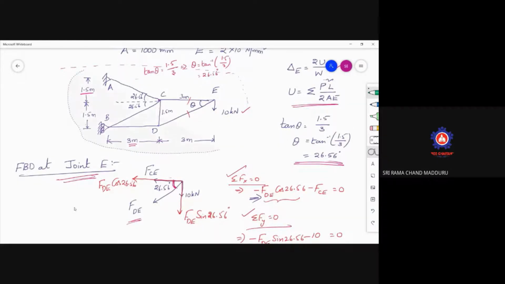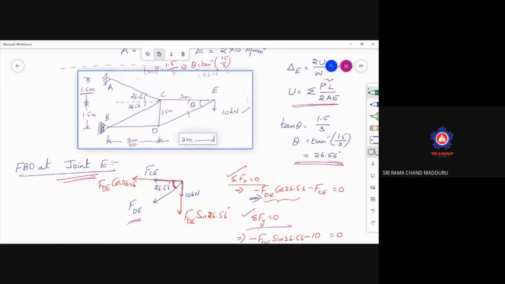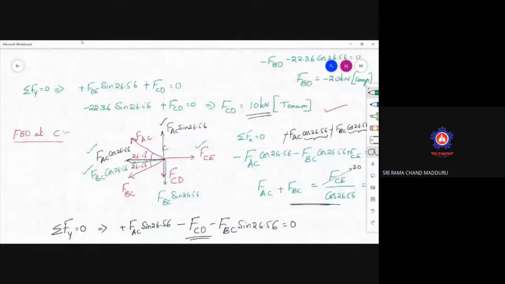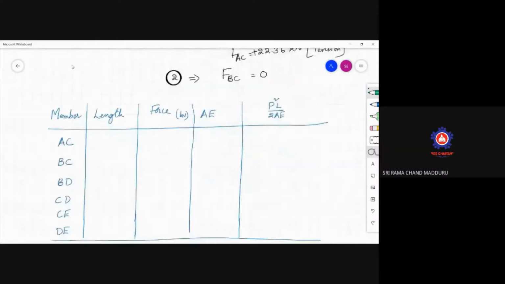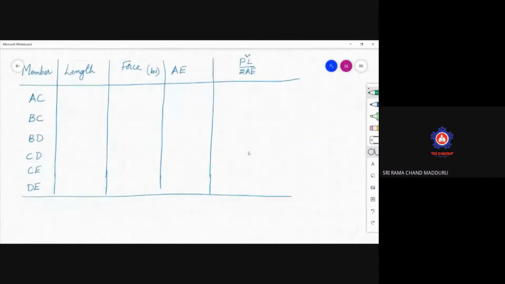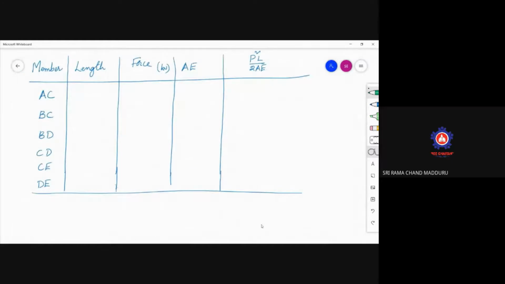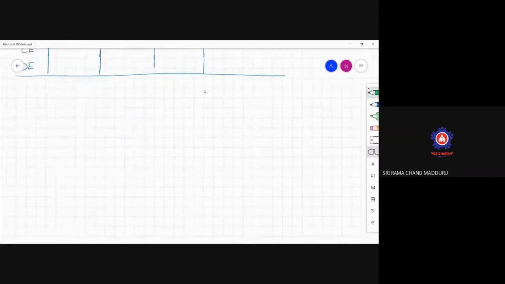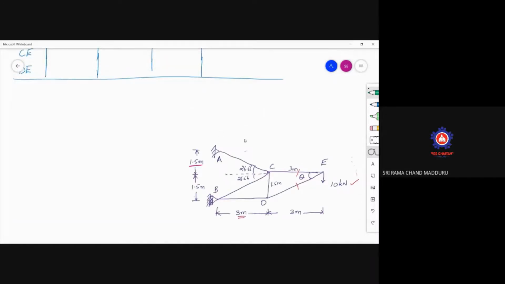I will copy this frame. See this one. Here the length is 3 meters.